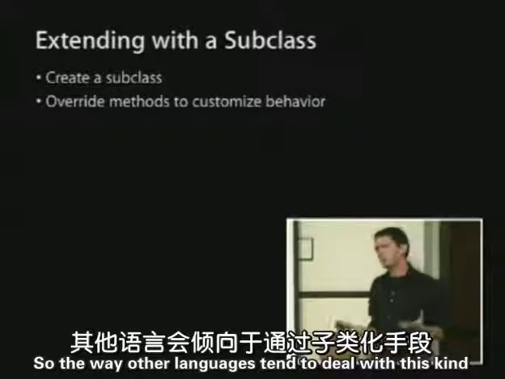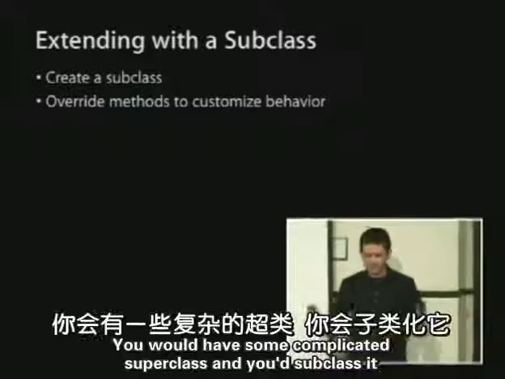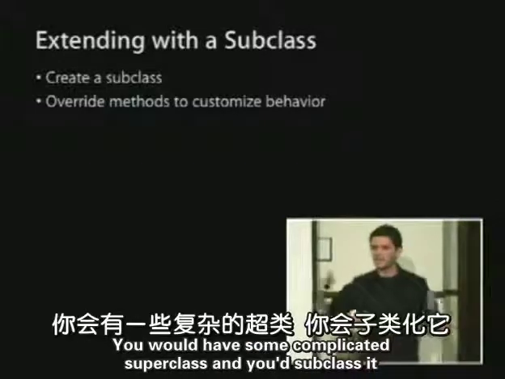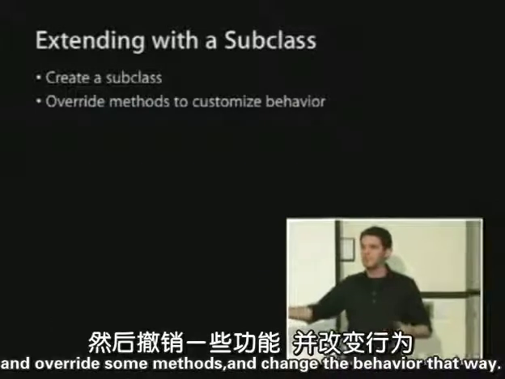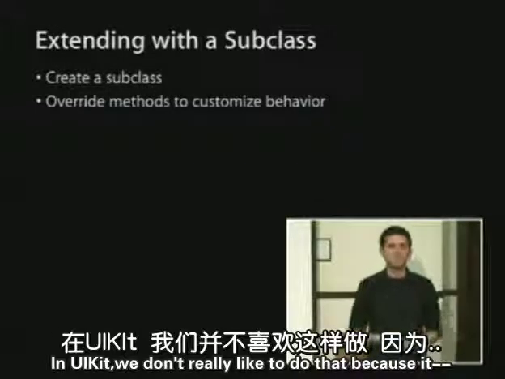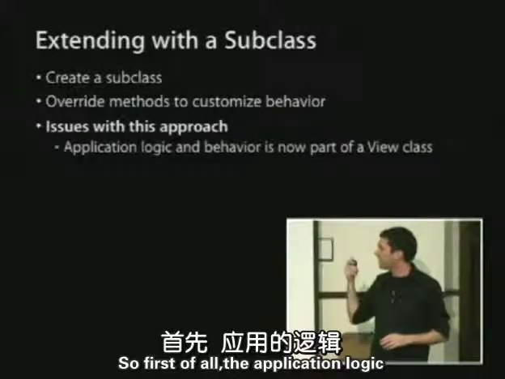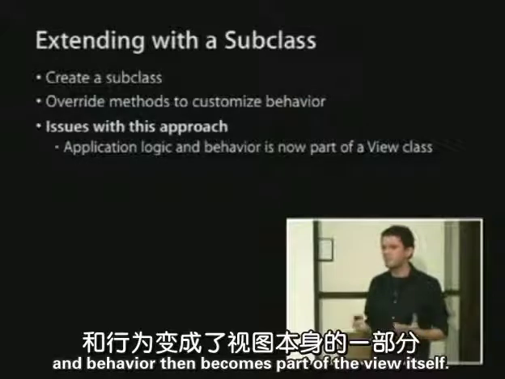The way other languages tend to deal with this kind of thing is generally through subclassing. You would have some complicated superclass, and you'd subclass it and override some methods and change the behavior that way. In UIKit, we don't really like to do that, and there's actually a couple of reasons. First of all, the application logic and behavior then becomes part of the view itself.